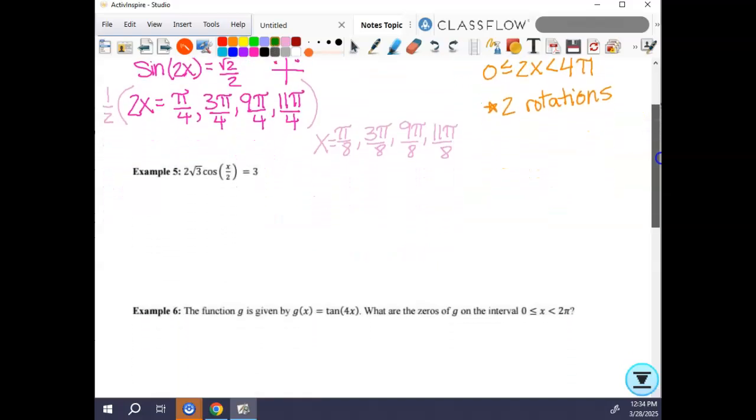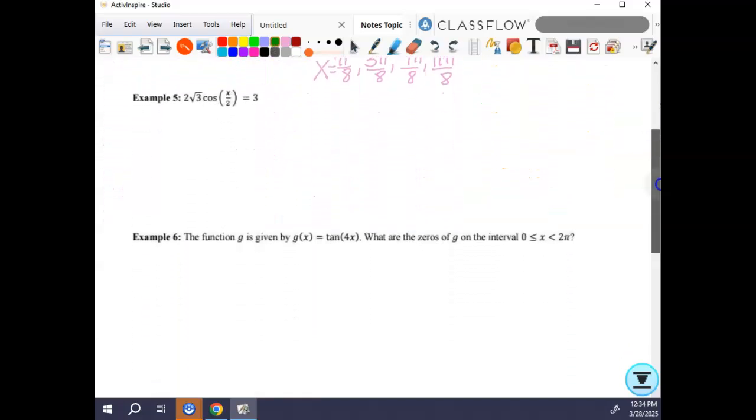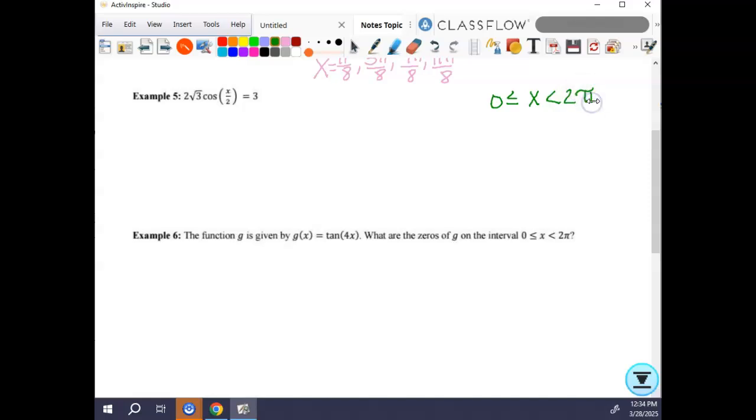All right. So then here, let's write down our interval again. We're going from 0 to x to 2 pi. All right. But I need it to be x over 2, so I need to multiply this by 1/2.